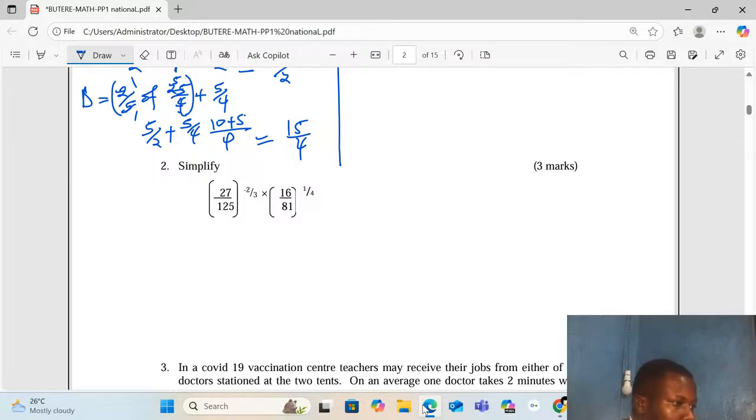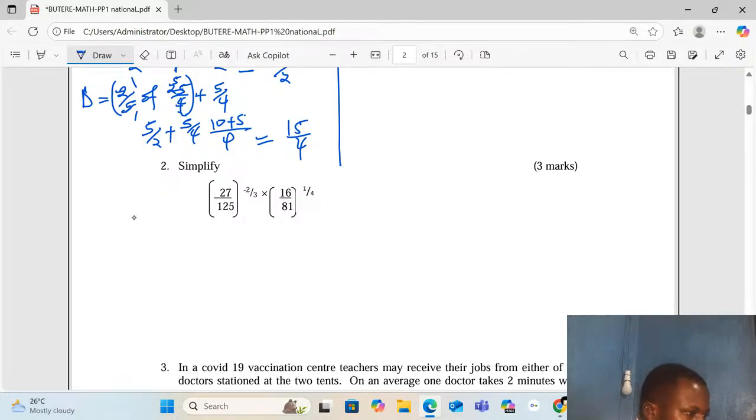Now, we're having 27 over 125 power negative 2 over 3. Now to remove the power, we have to look for the negative sign of the power. We have to look for the reciprocal of what is in the bracket for us to remove the negative sign.